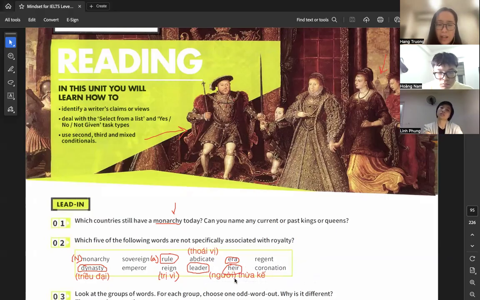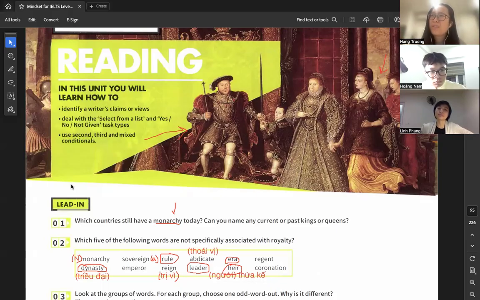Coronation nghĩa là lễ, không phải lễ đăng quang, là hoa hậu mất rồi. Cái lễ mà ông này là ông vua ấy, gọi là lễ gì nhỉ? Tiếng Việt là gì nhỉ? It's like the official ceremony to officially introduce that somebody becomes a monarch, right?